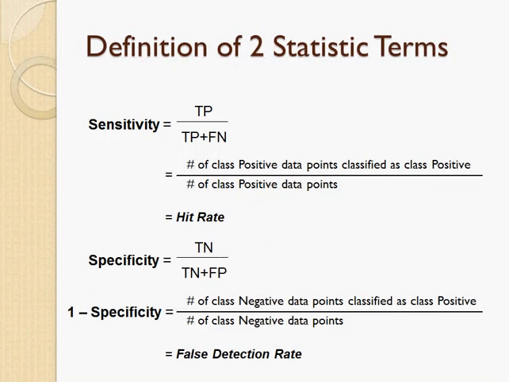It is also easy to see that 1 minus the specificity is the number of the class negative data points classified as class positive over the total number of the class negative data points. Because this is wrongly classified, I'll give another name to the result of 1 minus specificity as false detection rate.